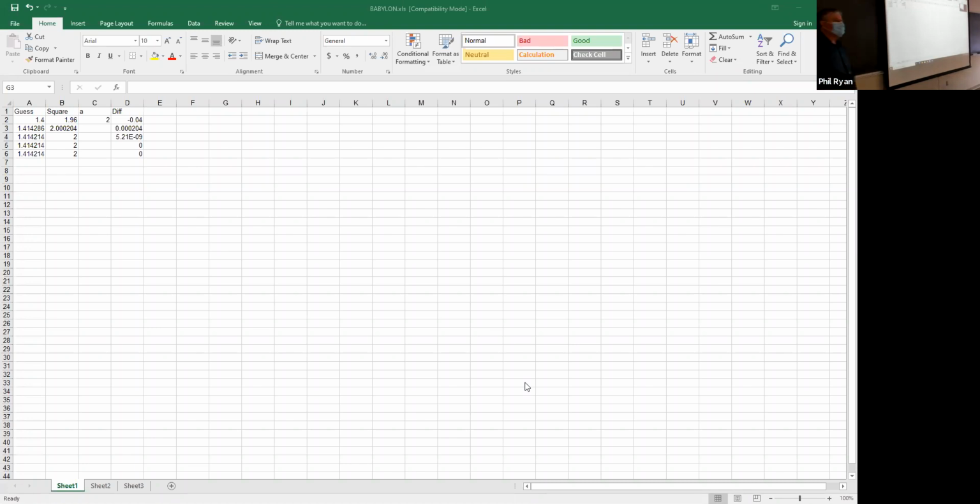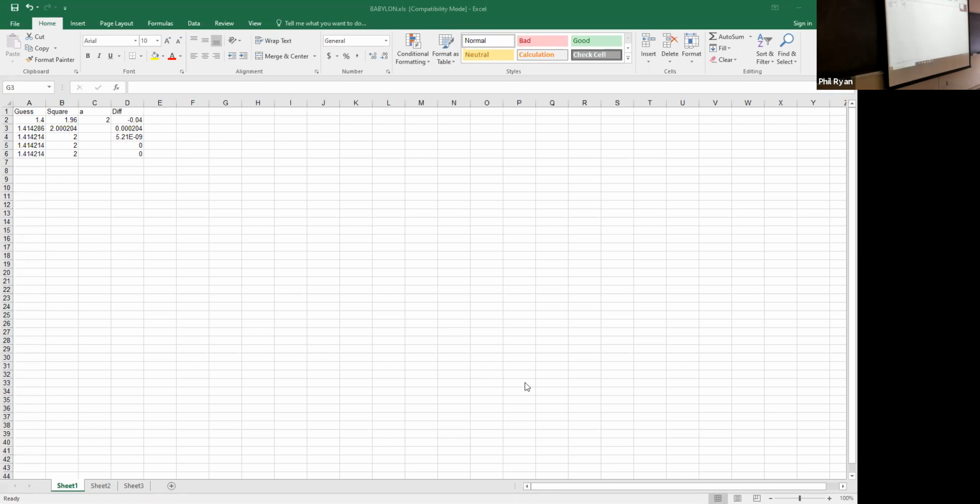Let's say you had to find the square root of 2 and you didn't have a calculator. What would you do? Well, you'd make a guess, right? Give me a rough guess of what the square root of 2 is around. So let's say 1.2.